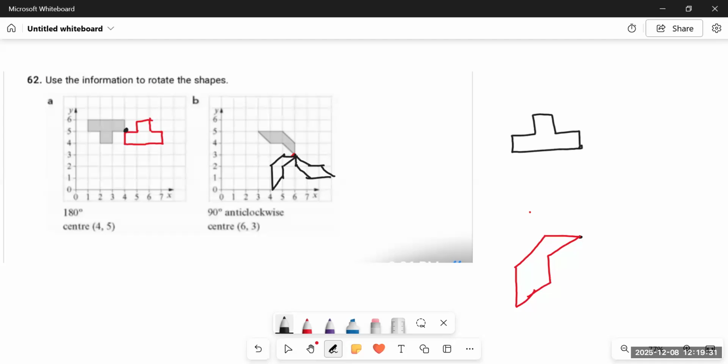And if we have to rotate it 90 degrees clockwise, then it would look somewhat like this. Like this. That's how you will see that it's a complete image. So this one is 90 degrees clockwise, this one is 180 degrees, and this one is 90 degrees anti-clockwise. That's it.